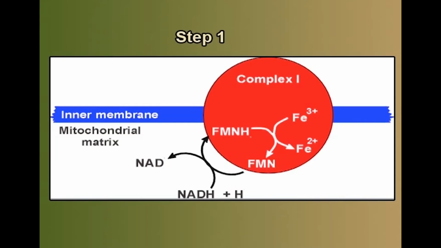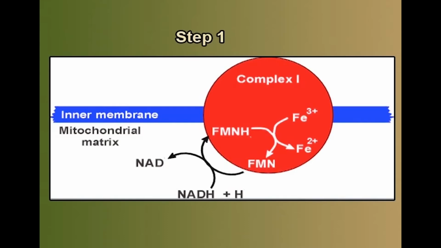Flavin mononucleotide is nothing but the B complex vitamin riboflavin. So, the FMN is reduced to FMNH2. Whenever there is passage of electrons, you will see NADH has passed on its electrons and got oxidized to NAD. FMN has taken 2 hydrogens and got reduced to FMNH2.